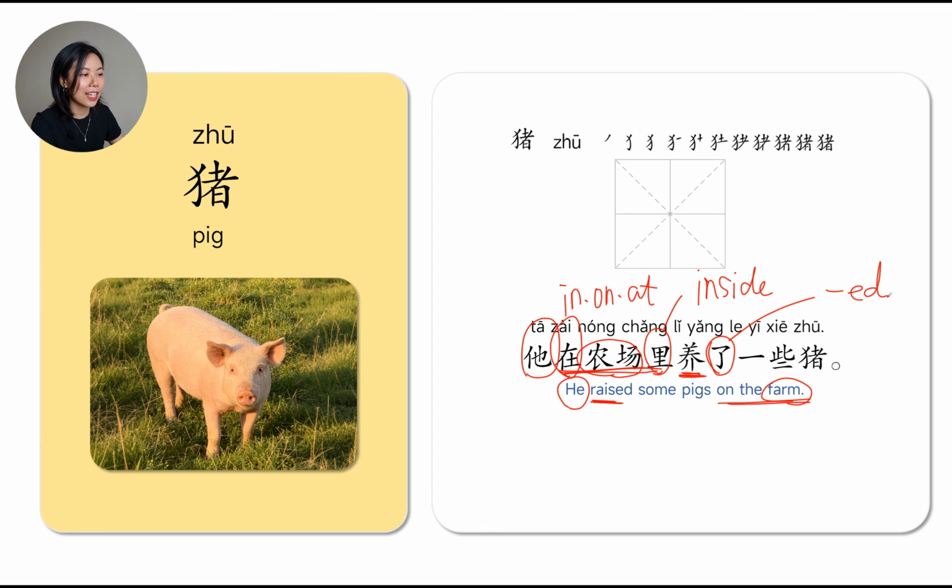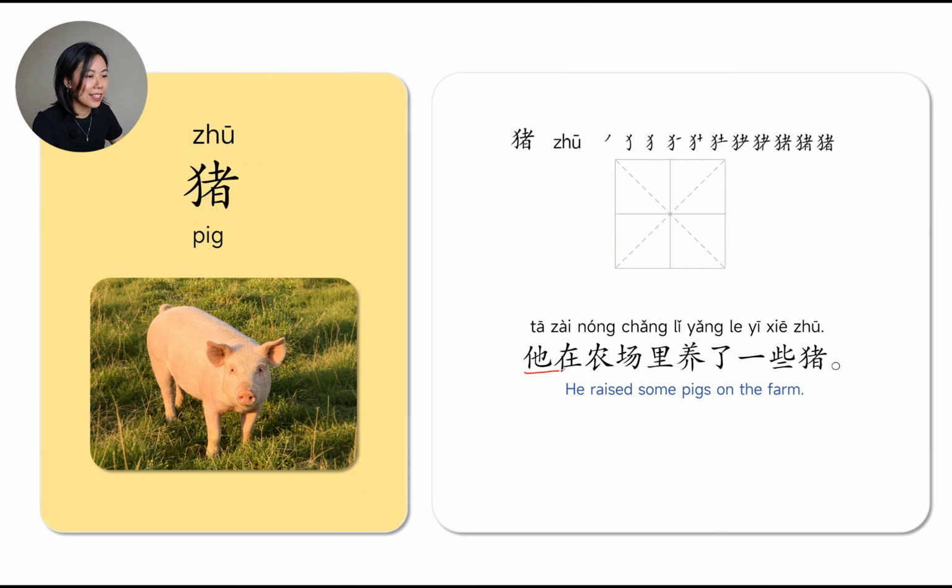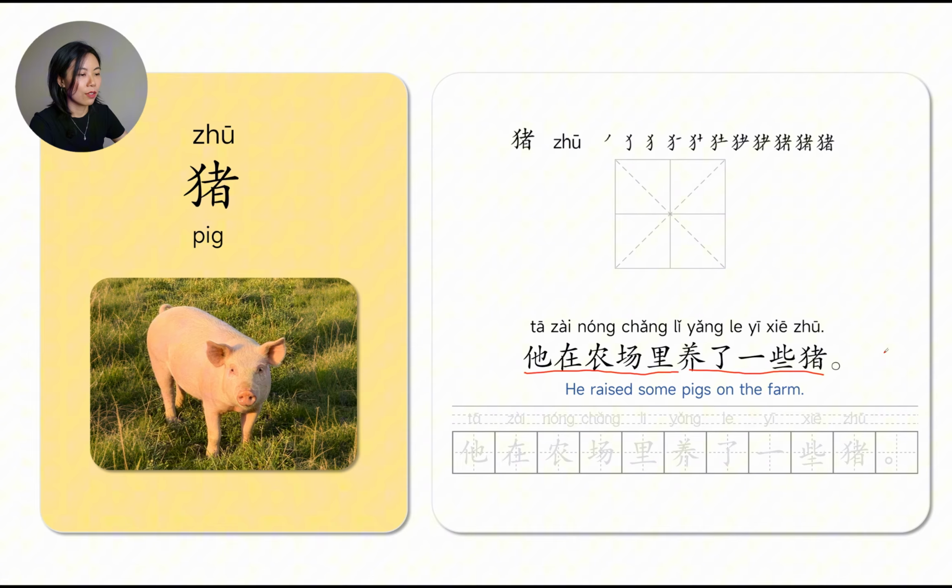It's like the -ed in English. So 养了 is raised. 一些 some. 猪 pigs. So all together, 他在农场里养了一些猪。He raised some pigs on the farm.